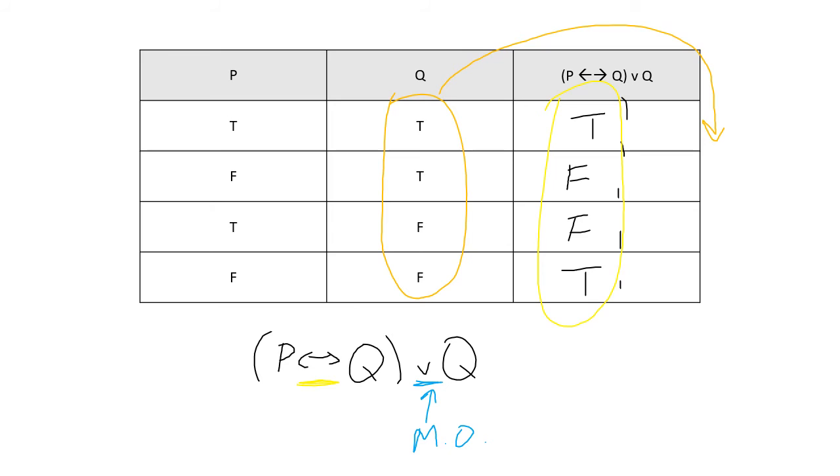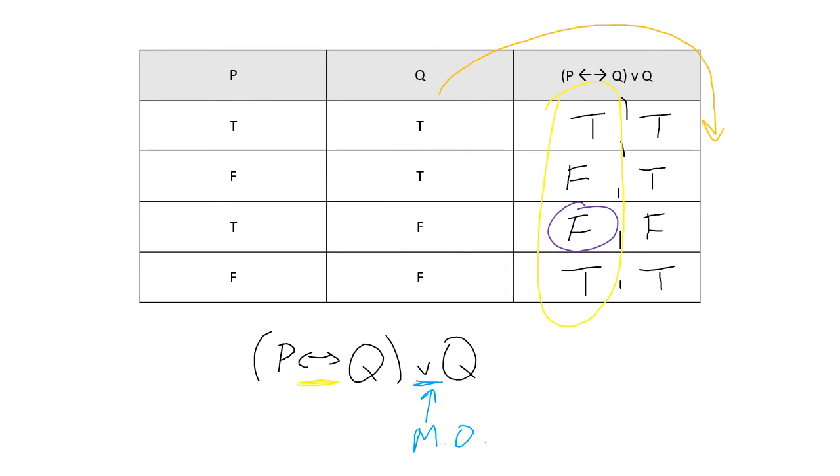So where's a wedge true? Well, it's true wherever one of the sides is true. So one of the sides is true here, here, and here. This is the only situation in which both the left side and the right side are false. And so that's why it's false there.